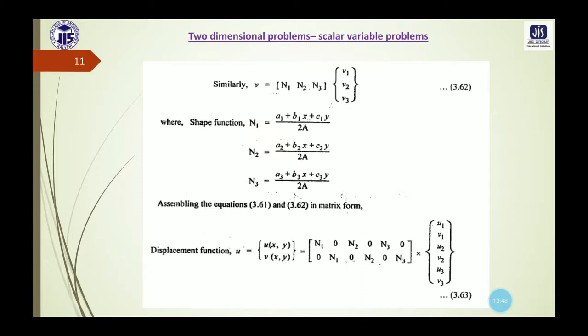Now if we assemble equations 3.61 and 3.62 in matrix form, we get the displacement function u equals a column matrix of u and v, which is a 2 by 6 matrix of the shape functions N1, N2 and N3 multiplied by a column matrix of u1, v1, u2, v2 and u3, v3.